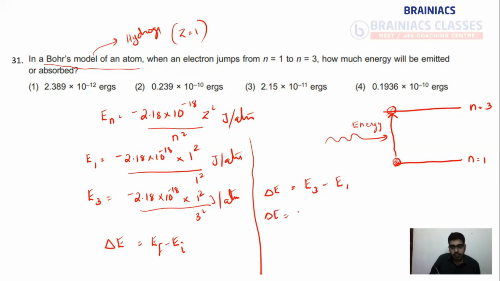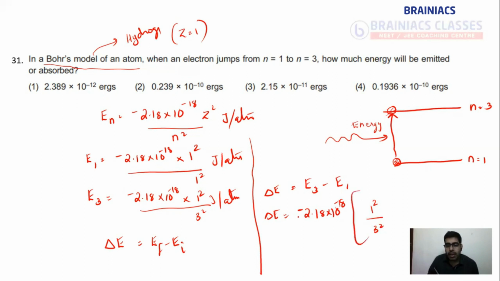E3 is minus 2.18 into 10 raised to minus 18, 1 square by 3 square. Now E1 is minus 2.18 into 10 raised to minus 18, 1 square by 1 square.